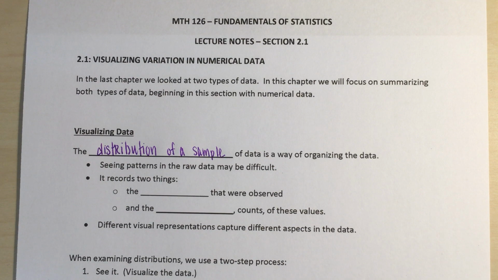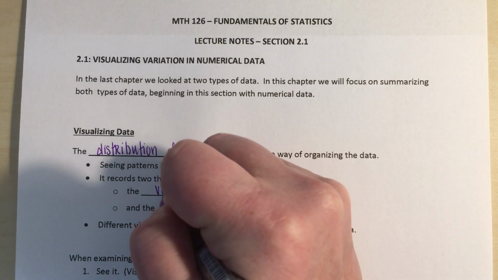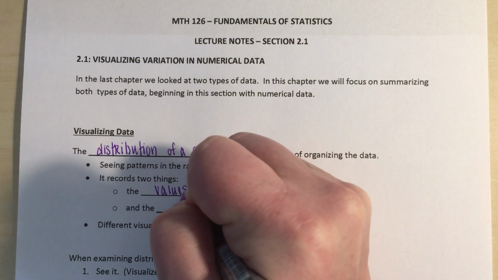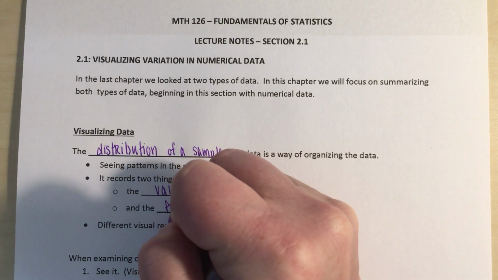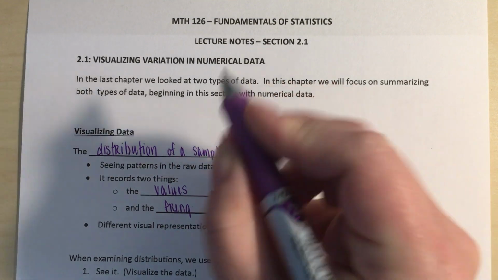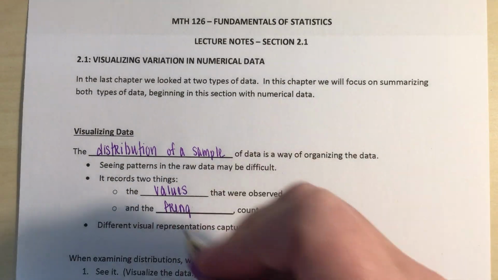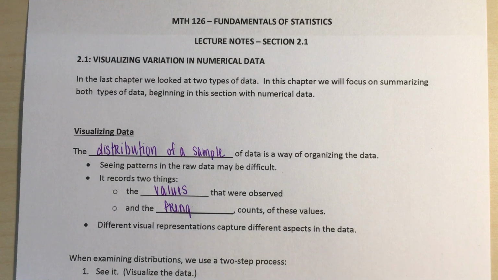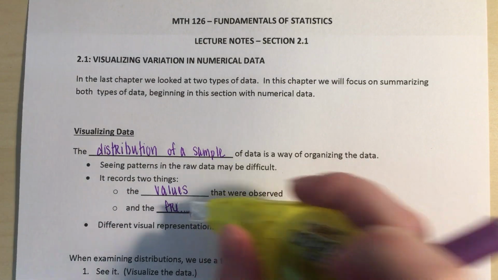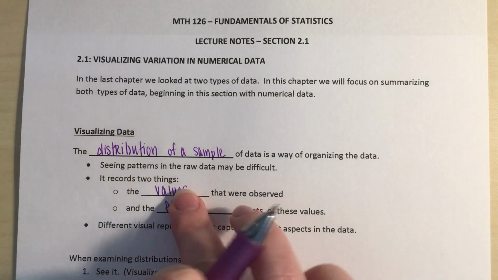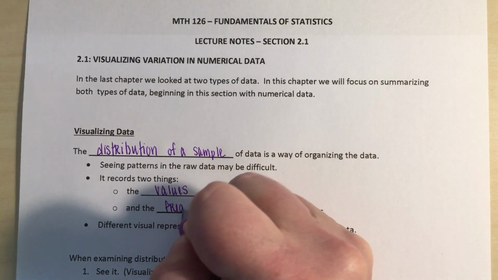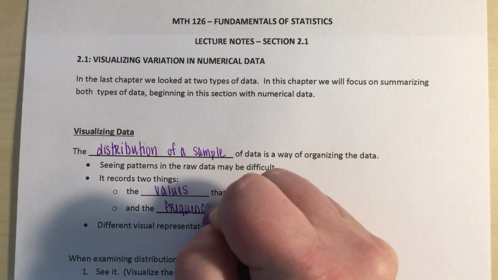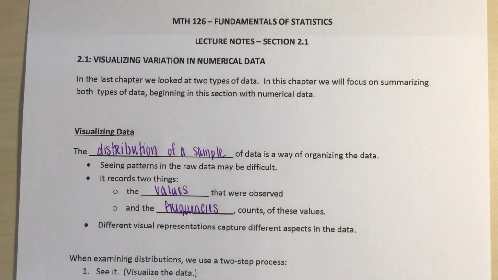Distributions of a sample record two things: the values that were observed and the frequencies, or counts, of these values. We defined frequency in the last chapter as well.